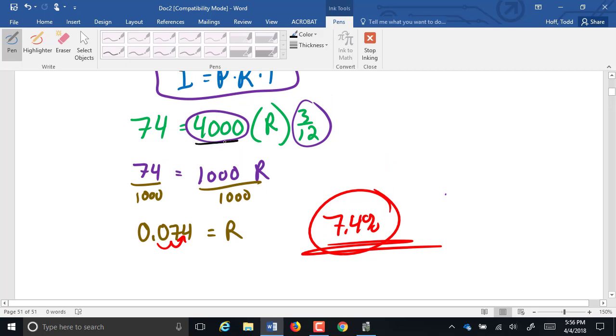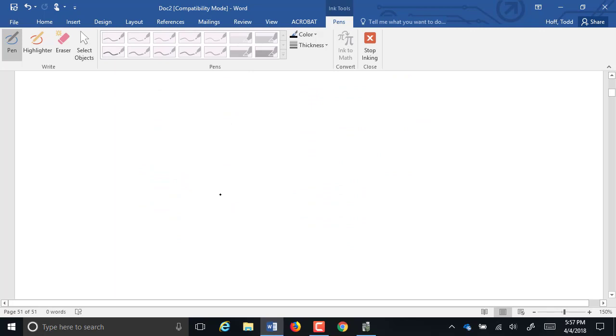Now in this one, I had planned it so that those two numbers, the principal and the time, combined to make a nice even number of 1,000. Many times they won't. And when they don't, we have to be careful. If we're going to write them down and type them back in the calculator, we are risking having some round-off error. So let me give you an example of that.